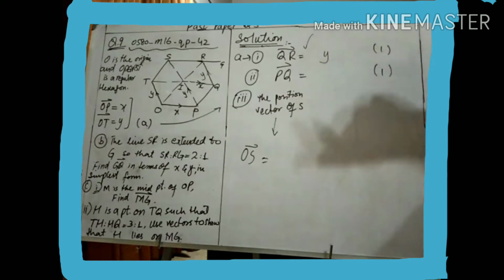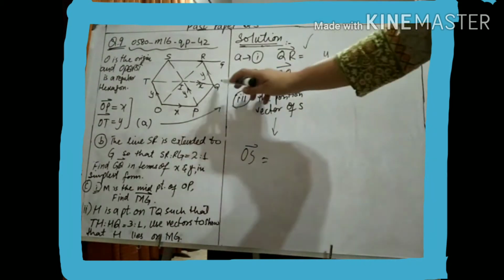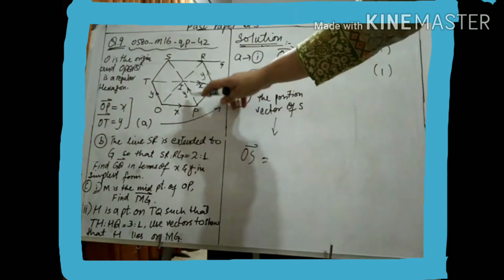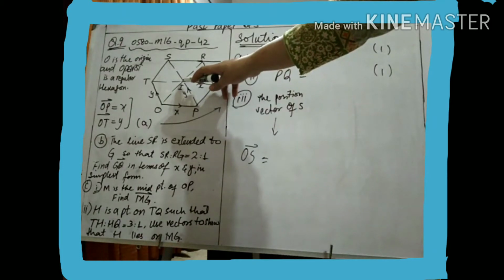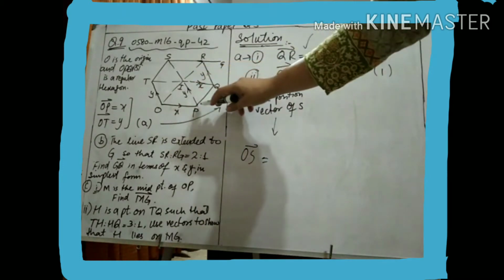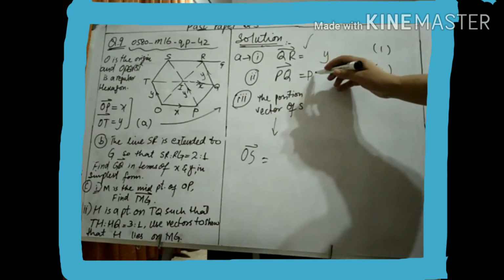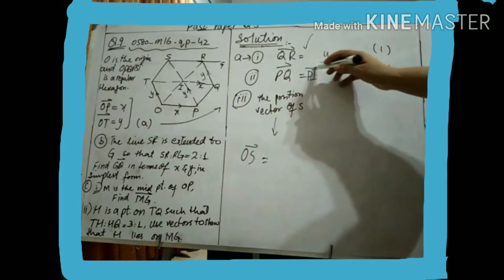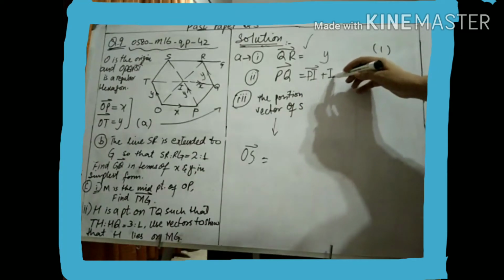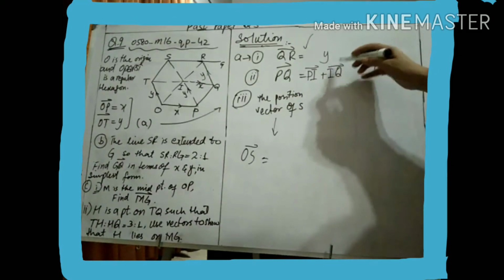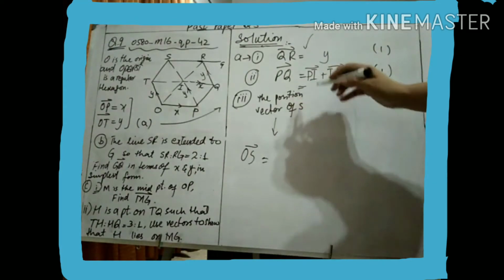Now for PQ, we will move from P to I. I is the midpoint, in the center. P to I, then I to Q. First, let me write here: P to I, then I to Q. And what is PI?